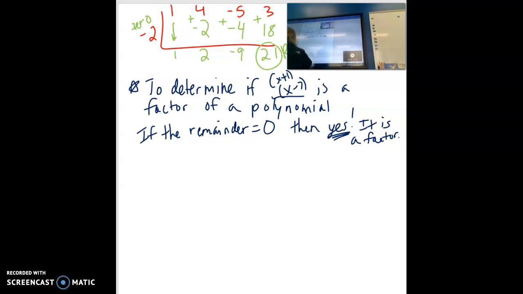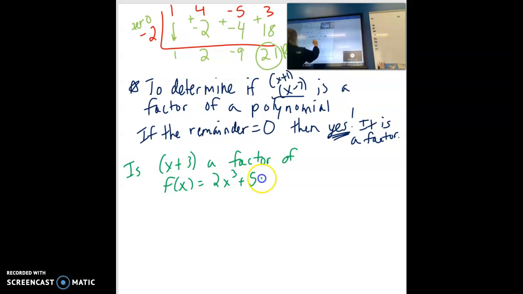So, is x plus 3 a factor of f of x equals 2x cubed plus 5x squared minus x plus 6.